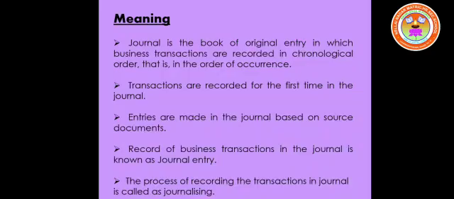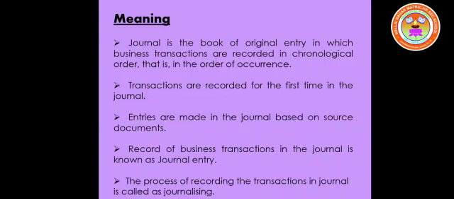In journal, we are posting the transactions in the chronological order, that is, the order of occurrence. Here, we are taking source document as a proof to record the transactions. The process of recording transactions in journal is called journalizing.